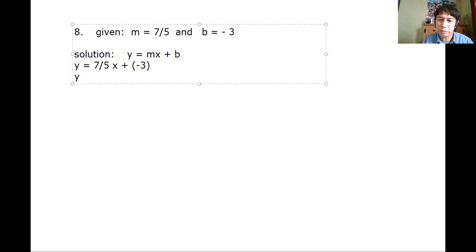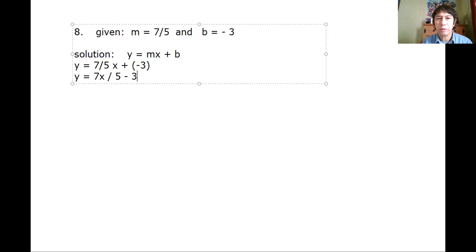Y is equal to 7x over 5. Remember, when you multiply the x with 7 over 5, the 7 goes to the numerator. So you can write it this way. It looks better and it's clearer. Now, plus negative 3 is a minus 3.